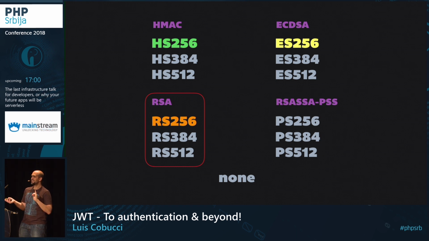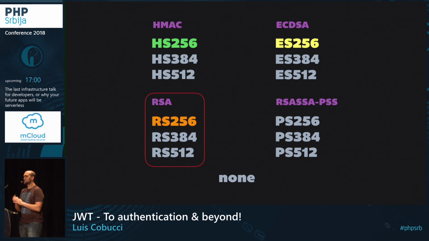No? Yes? So HMAC is a symmetric algorithm. It means that you use the same key to do the verification and the creation of the signature.